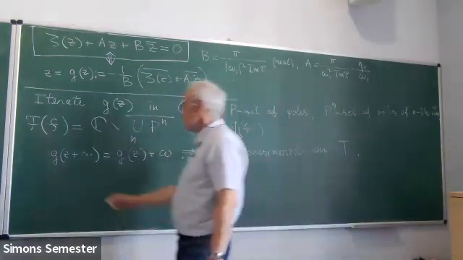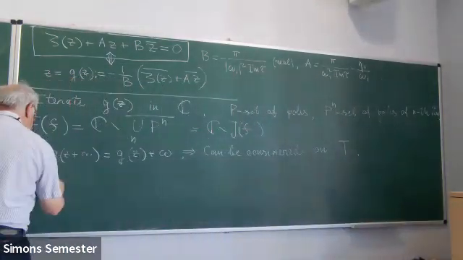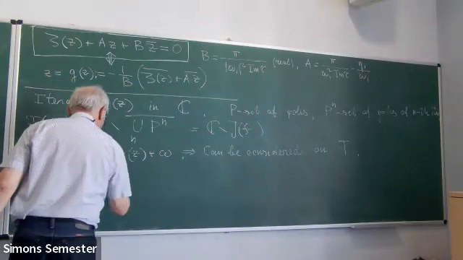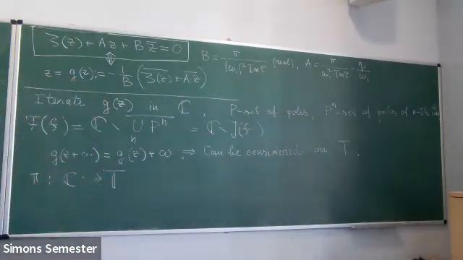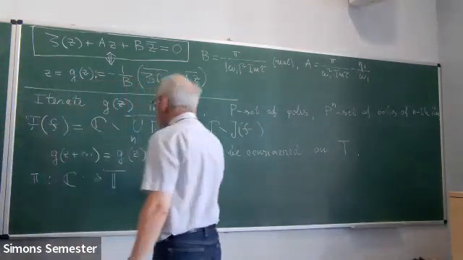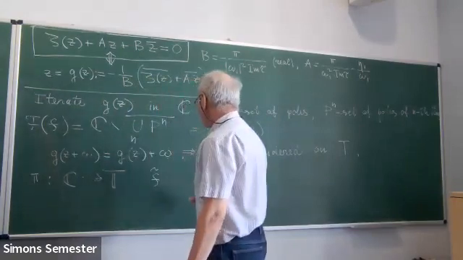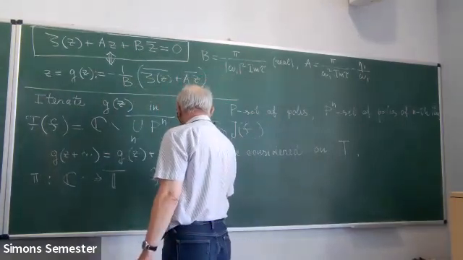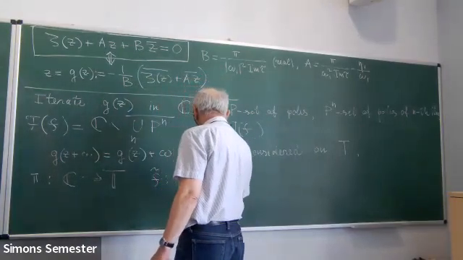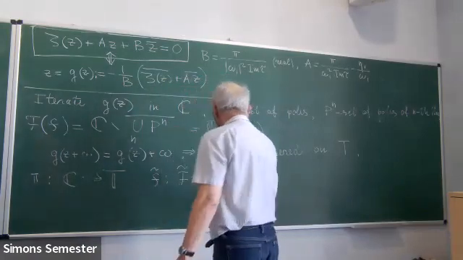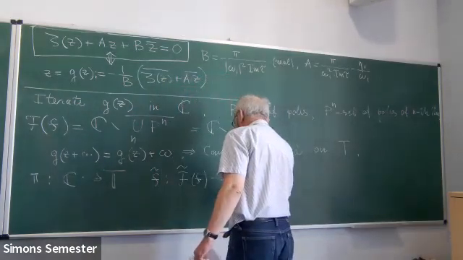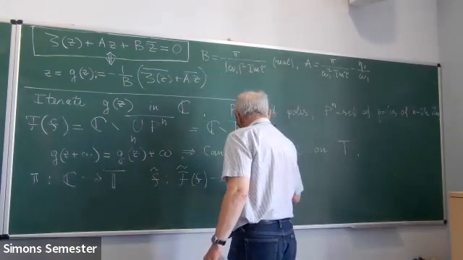So we have a projection map from C to the torus, the universal cover map. And everything on the torus will be denoted with a tilde. So F tilde is a map, and it is well defined on the Fatou set with tilde, and so on.